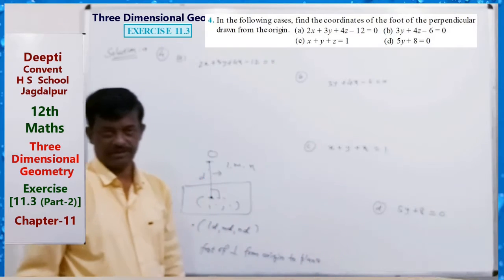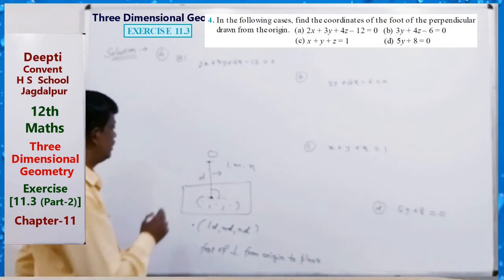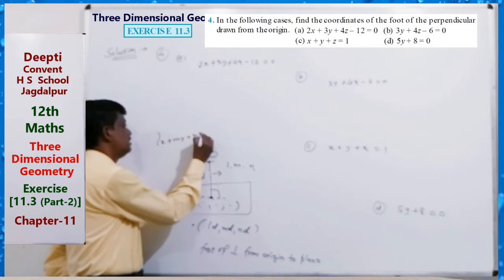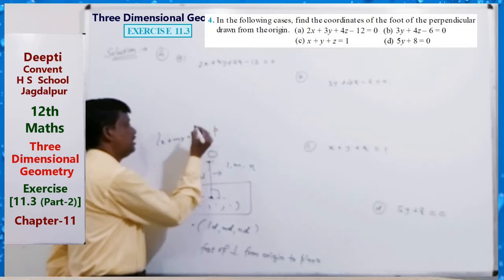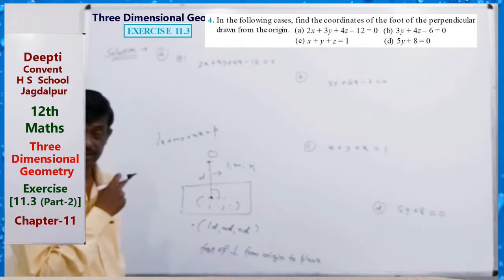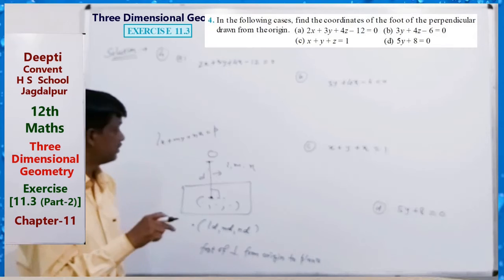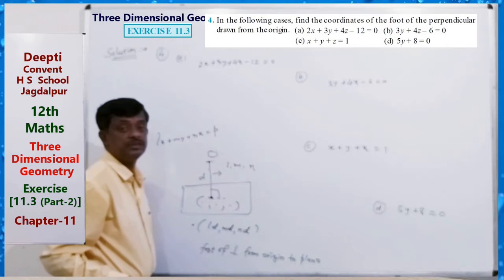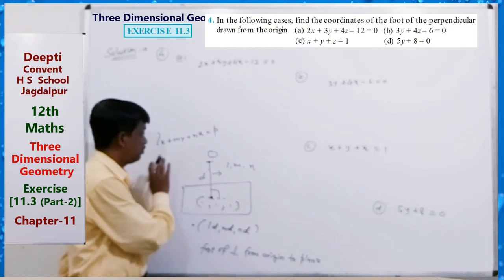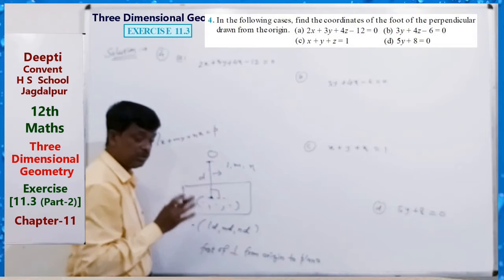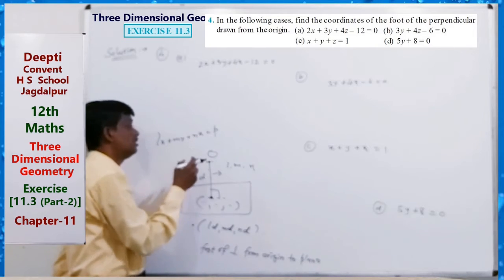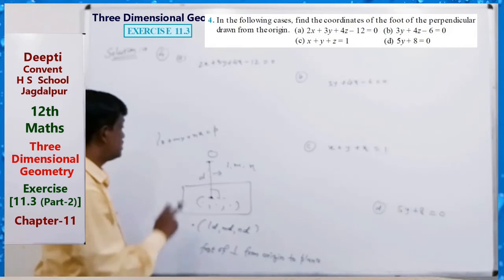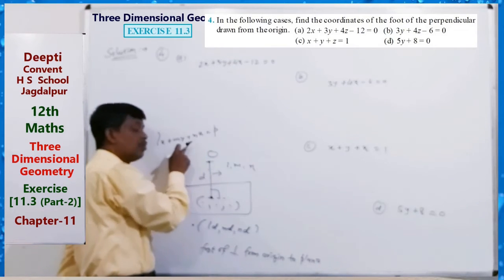If we write the equation of the plane in normal form, Lx plus My plus Nz equals P, then P is the perpendicular distance of the plane from the origin, and L, M, N are the direction cosines of the perpendicular. This is normal form.